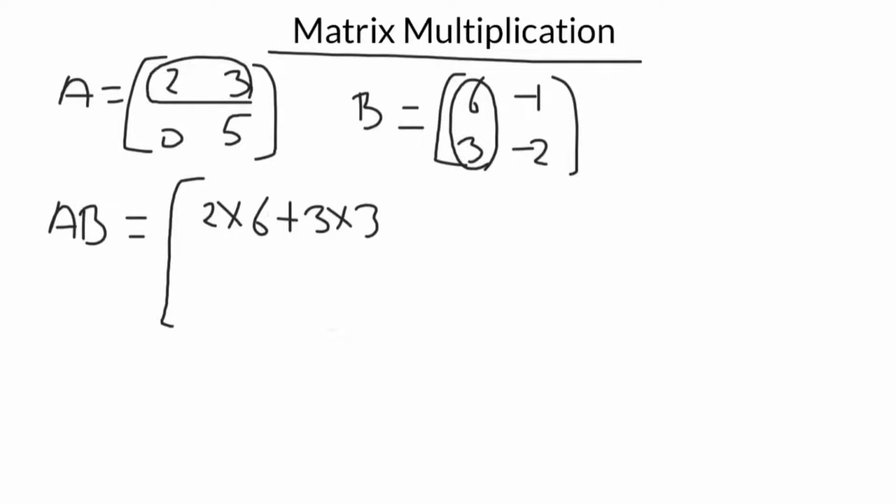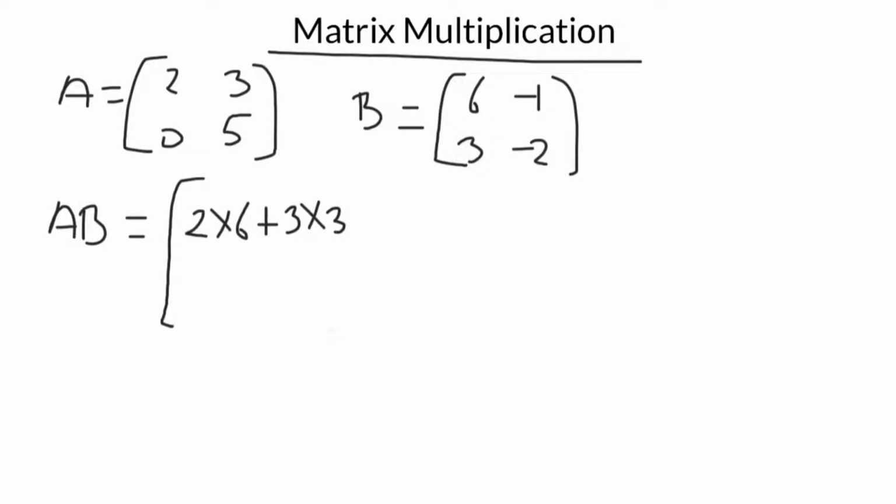It will give the first element of matrix AB. Here we multiplied this 2 with this 6 plus this 3 times this 3. So similarly, for the second element, we will multiply the first row of matrix A with the second column of matrix B.